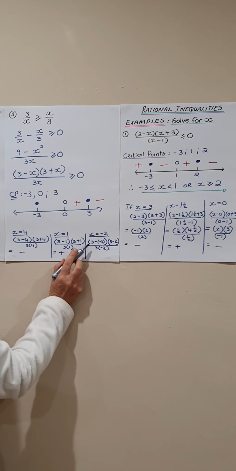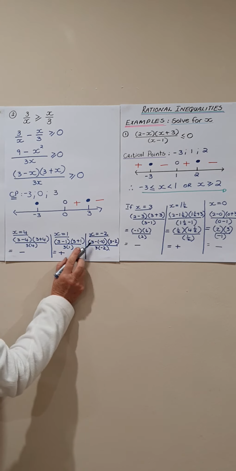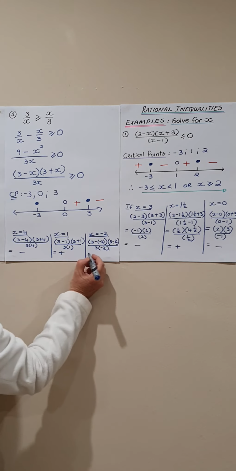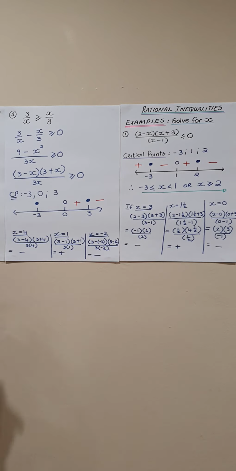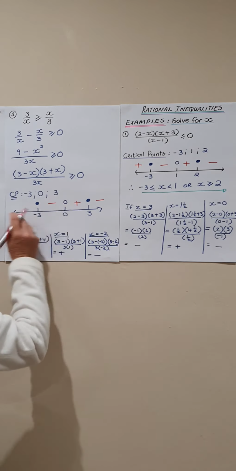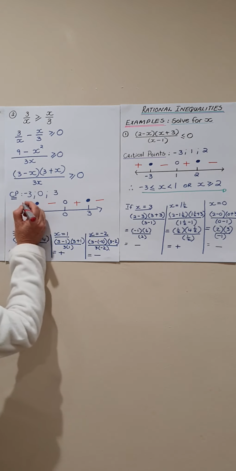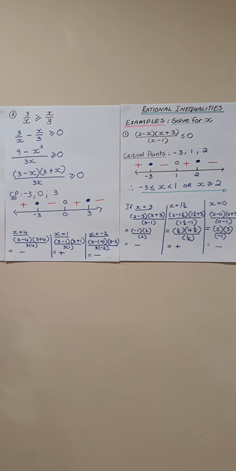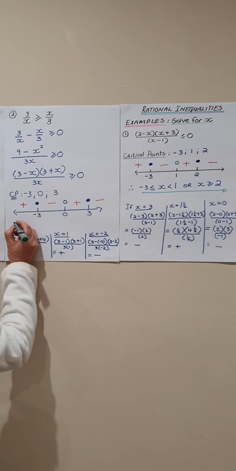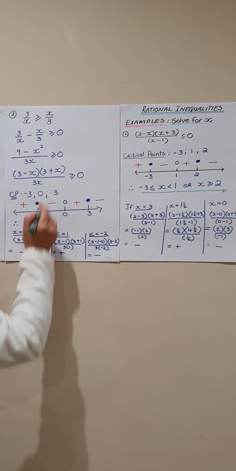Now this first bracket is a positive, that's a positive, that's a negative, so my answer is going to be a negative. So this is a negative, and if I substitute minus 4 or minus 5 in here, I'm going to get a positive.